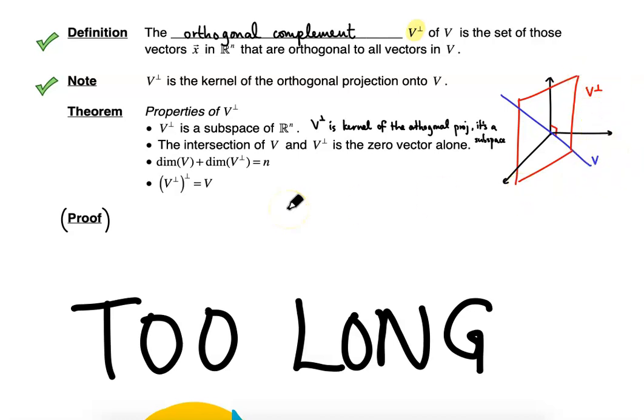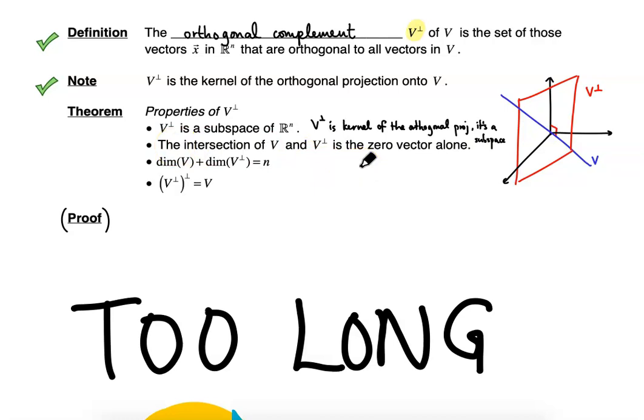So this information shows up in this theorem here. Firstly, V perpendicular is a subspace of Rn. And there's a little proof here. Since V perpendicular is the kernel of the orthogonal projection, we know that the kernel is a subspace. Second property of V perpendicular: the intersection of V and V perpendicular is the zero vector alone.